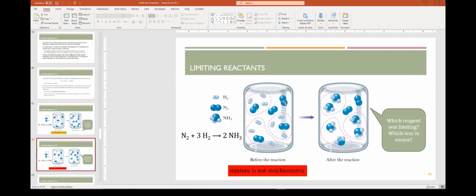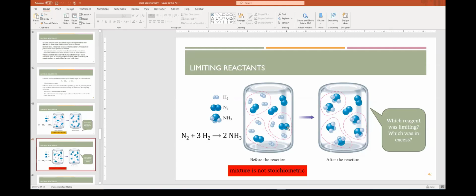Because if we look here, there isn't enough hydrogen to go around for all of the nitrogens on the starting point here. And so therefore, what was in excess? The nitrogen. And what did we run out of? We ran out of the hydrogen. So we say hydrogen is limiting.